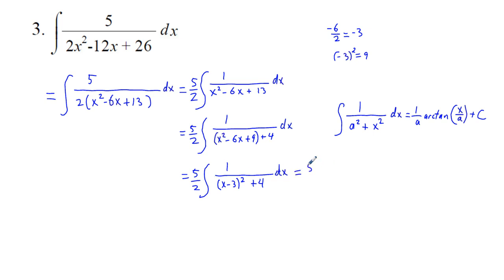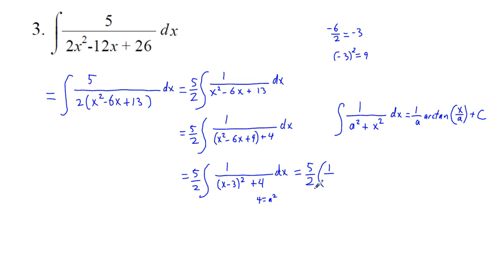We have 5/2, and we have 1 over a, and so that's going to be 1 over, and a is going to be, well, it's a squared, so 4 is equal to a squared.